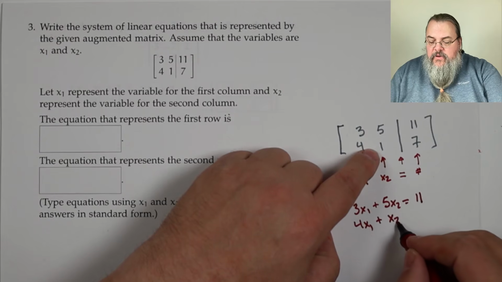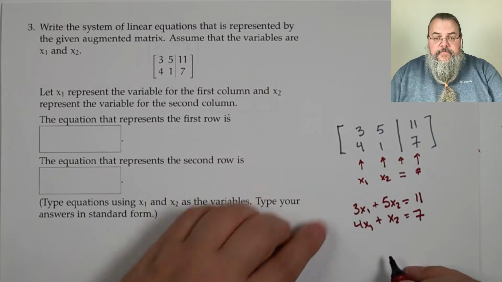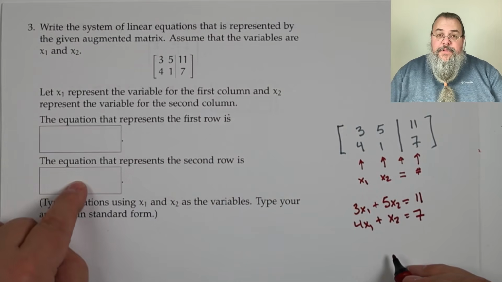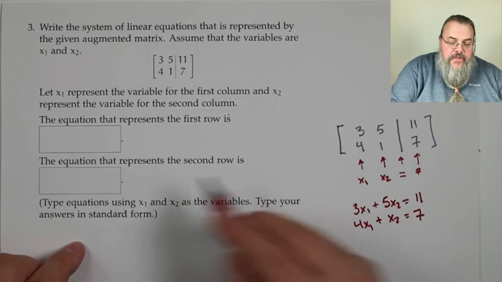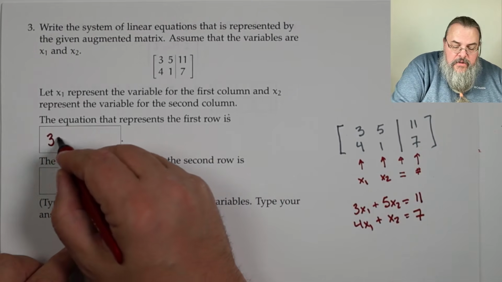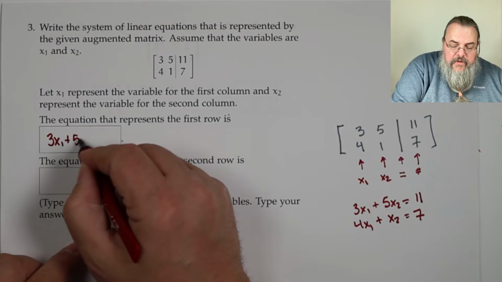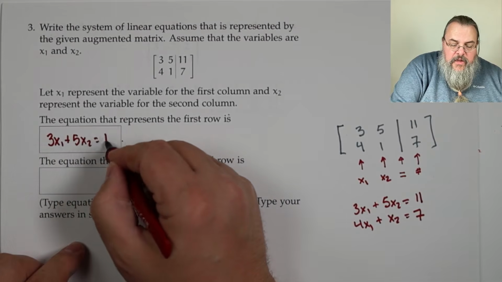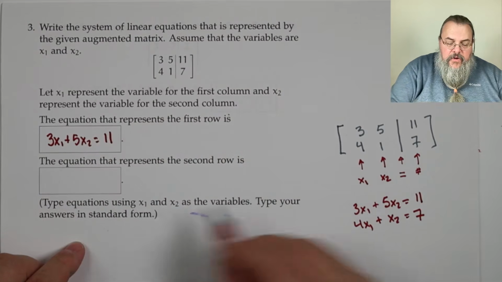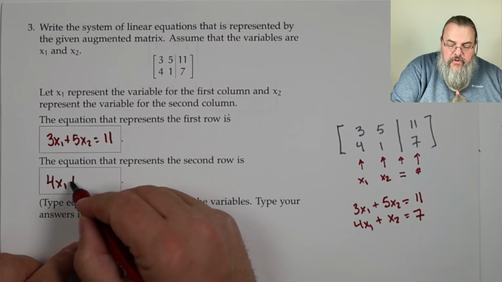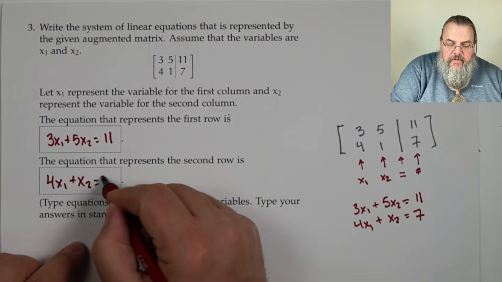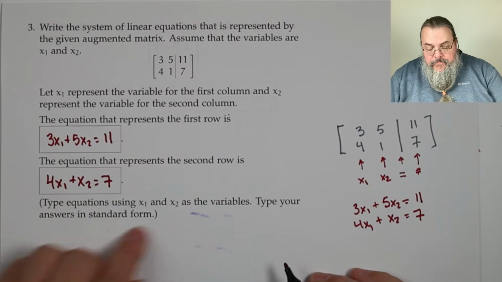Usually write that as x2 equals 7. And that's what you want to put in here. So the first row, these are your coefficients, 3x1 plus 5x2 equals 11. And the second row, 4x1 plus x2 equals 7. And that's it. We're done.